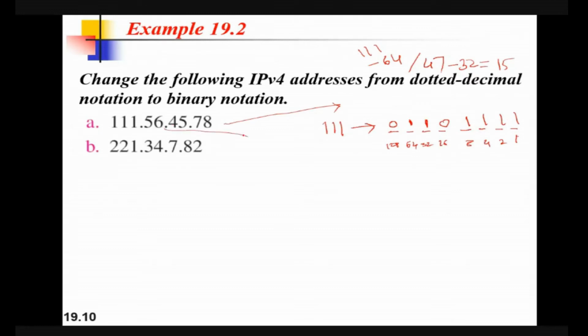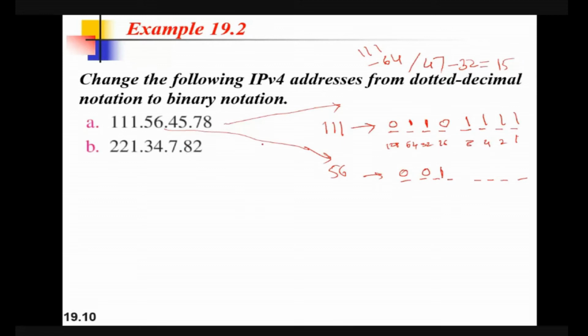Now the next decimal, 56. Use the same logic with 8 positions. So 56 is lesser than 128. It is lesser than 64. Greater than 32, so we have represented 32 now.